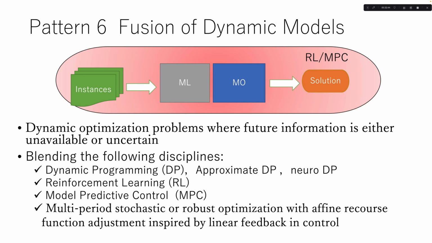These can be described within the same framework. Additionally, multi-period stochastic or robust optimization deals with similar issues, with affine recourse function adjustment inspired by linear feedback and control. Recently, research has increasingly focused on blending these methods across disciplines.